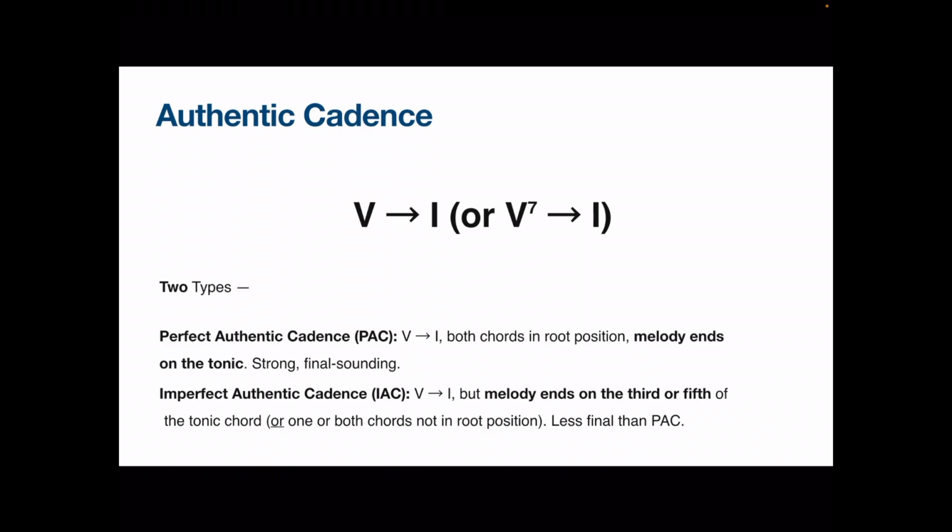Authentic cadence is actually what you just heard in the example, and that is a 5 chord going to a 1 chord, right? If we're in C major, if we play all of the chords, it will sound like, and then we take the 5 chord and 1, and if you redistribute it, it will be, there is a sense of finality in it.